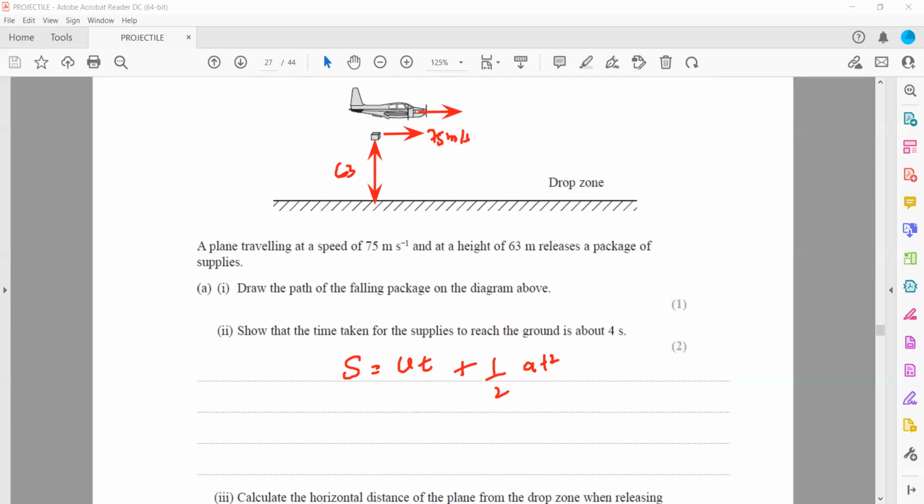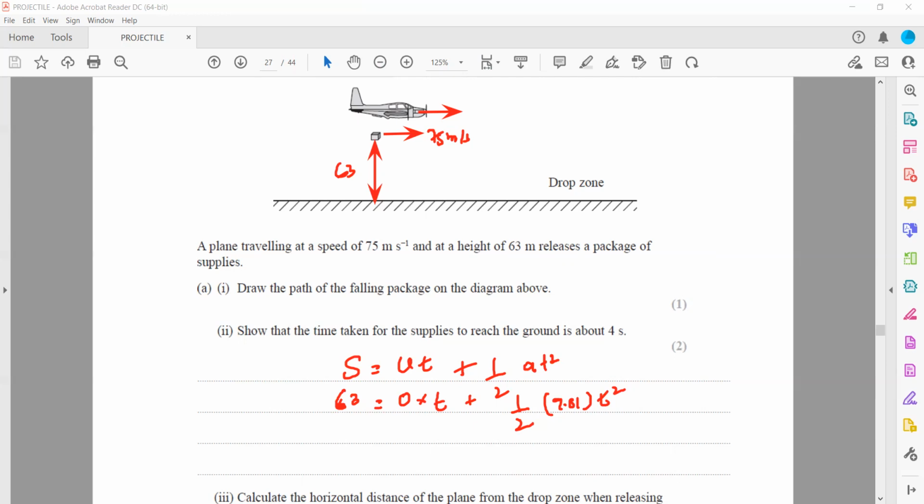Initial vertical velocity is 0. The gravity is 9.81. Why are we taking a positive value? Because it is moving in the same direction as gravity, that is downward, so it is positive.